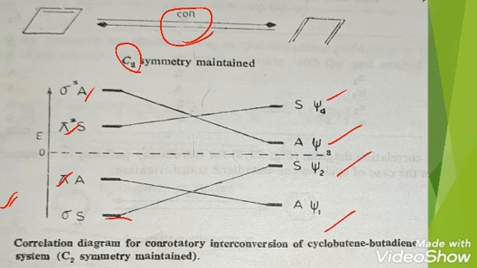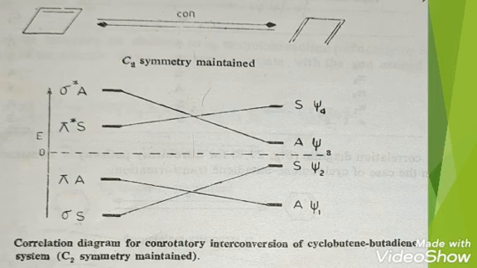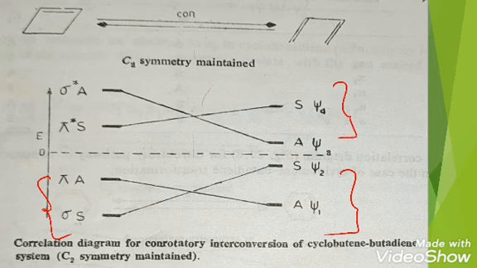In this diagram, these orbitals are bonding orbitals and these orbitals are anti-bonding orbitals. The bonding orbitals in cyclobutene and butadiene are said to be ground state orbitals, and the anti-bonding orbitals of butadiene and cyclobutene are said to be excited state orbitals.